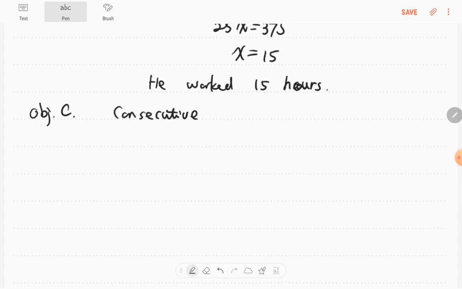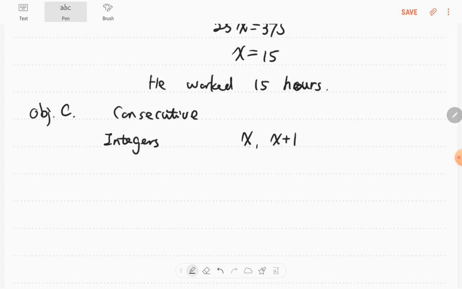If we are talking about consecutive integers, if we set the smallest consecutive integer to be our x, how can we represent the second one? The difference between two consecutive integers will be just 1.